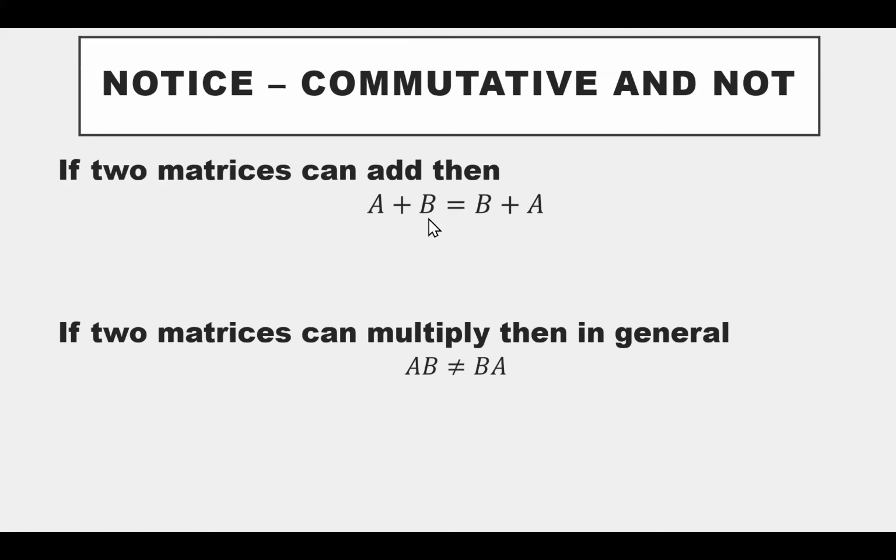Adding two matrices, since we were doing it entry-wise, worked out as commutative. But multiplication, we have this weird algorithm of row 1 times column 1, row 1 times column 2, and so on and so forth. So that does not lead to commutativity in general. So in general, matrix A times B is not equal to matrix B times A.